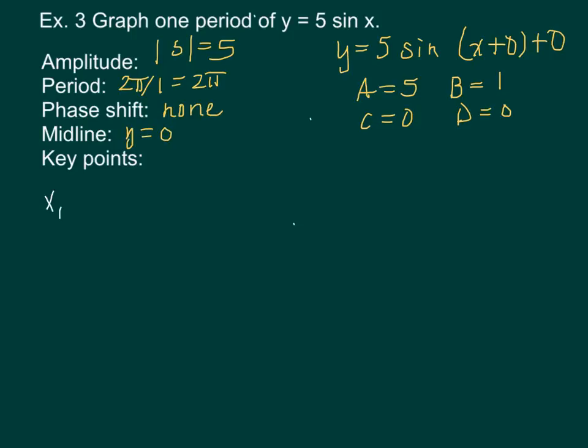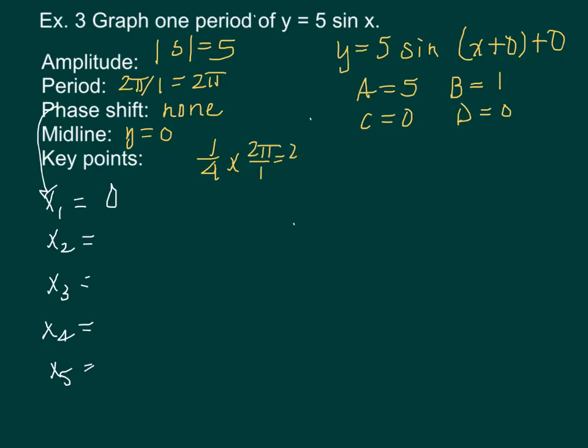Remember to get your key points. You're going to start at your phase shift, which there isn't any. So we're going to start our first x at 0. And remember, you do 1/4 times your period, which is 2 pi over 4, which is pi over 2. So each time we are adding pi over 2.